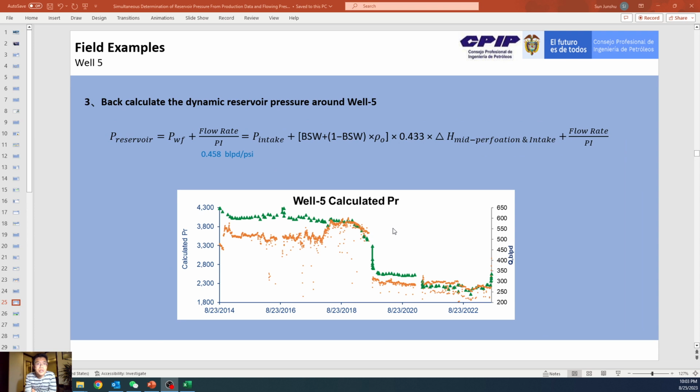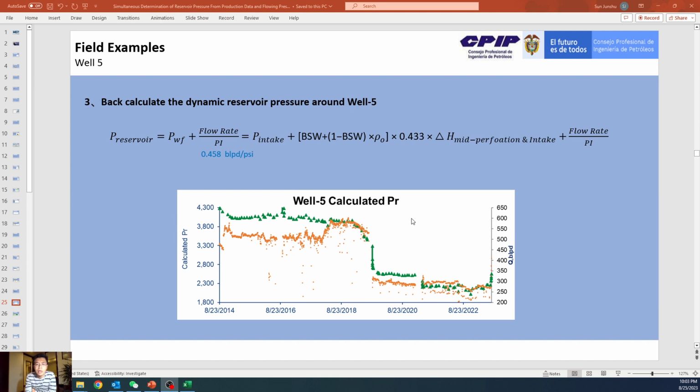Okay, the third procedure is to back calculate the dynamic reservoir pressure around well 5. The equation is reservoir pressure equals flowing pressure plus the flowing rate divided by PI. Here we are using 0.458 barrels per day per psi.